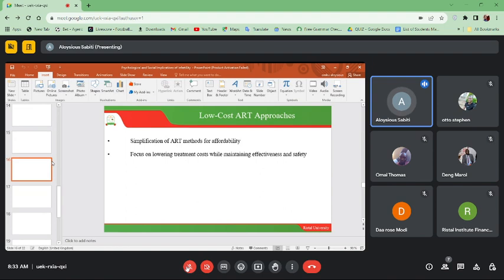Then we look at low-cost ART approaches. It needs to be simplified: simplification of ART methods for affordability, focusing on lowering treatment costs while maintaining effectiveness and safety.